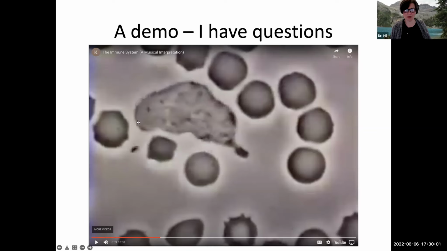And that would make this bigger one over here, this lumpy one over here, what's this? Yeah, this is a white blood cell. We can even say for sure that it is a phagocyte.